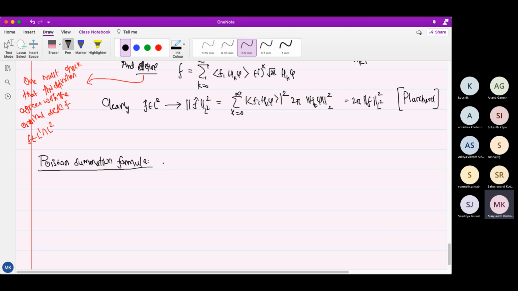It's a kind of duality principle. So let f be an L1 function. The way we will do this is we will relate L1 functions on the line with L1 functions on the circle. We will try to periodize that.